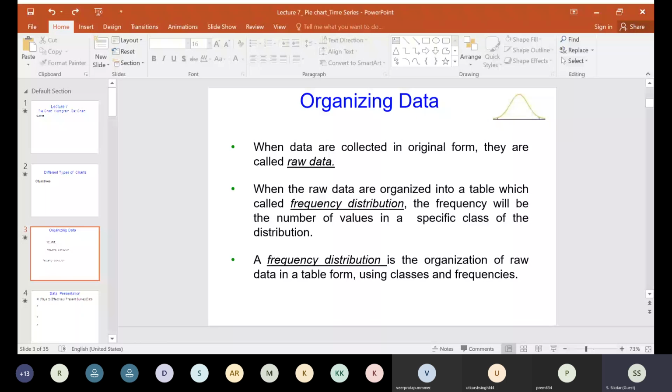Data presentation, ways to effectively present survey data. Okay, sir, the slide has not moved? No, sir.